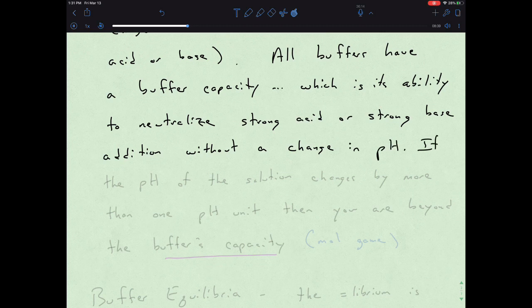If the pH of the solution changes by more than 1 pH unit, then you are beyond the buffer's capacity.